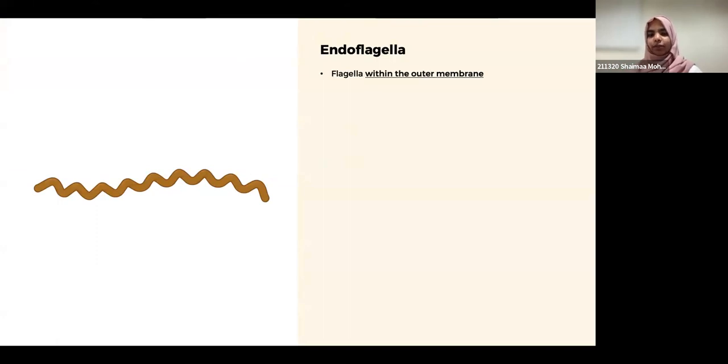You don't find endoflagellum in gram-positive bacteria because it's within the outer membrane, okay? And we had helical filament before, that's outside. This one forms an axial filament. So endoflagella is an axial filament, okay? And it moves through torsion, basically, okay? So that's how it moves.